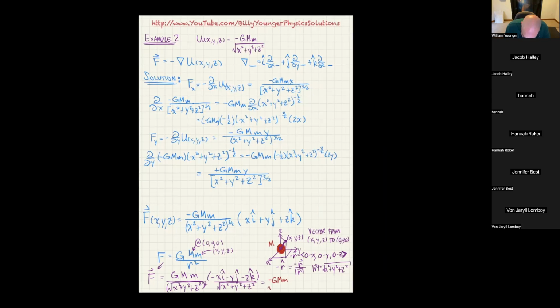So I'm now going to say x squared plus y squared plus z squared, 3 halves in the bottom. And now I'm going to multiply it by x i hat plus y j hat plus z k hat. And sure enough, that's exactly the vector that we got.